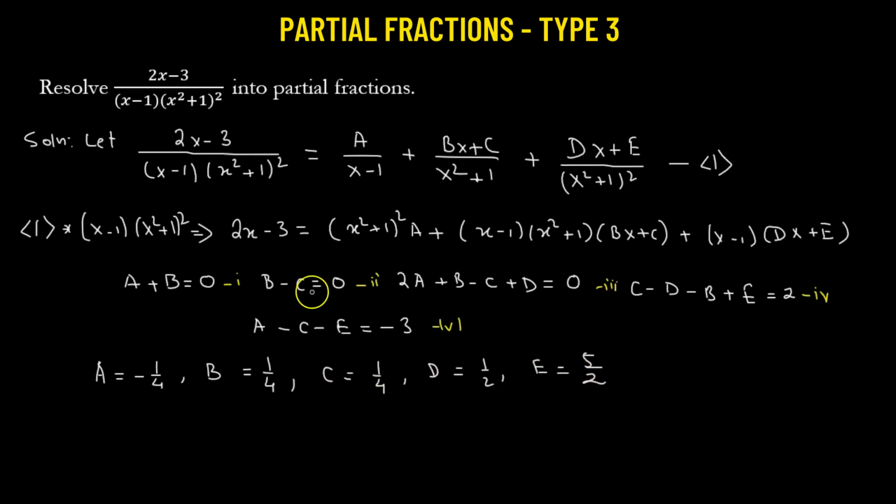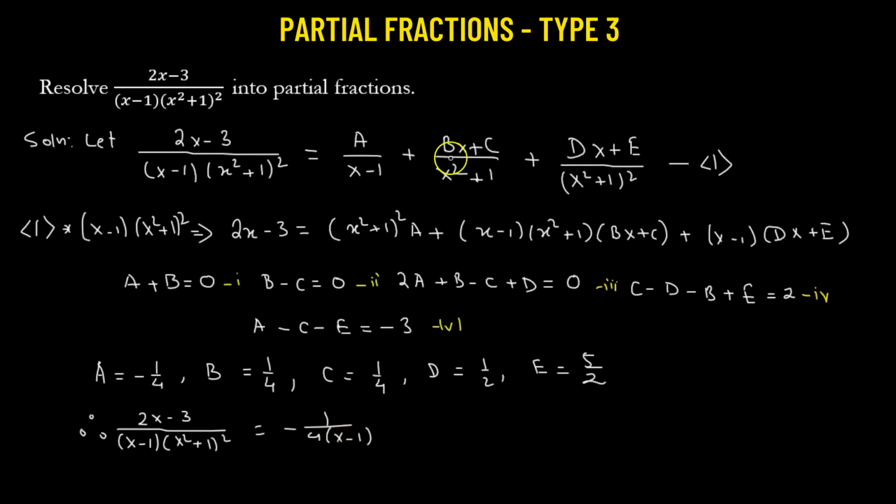Now we'll substitute all these values back in equation number 1. Therefore, we get 2x minus 3 divided by x minus 1 multiplied to x squared plus 1 whole square, equals A over x minus 1, so negative 1 divided by 4 times x minus 1.